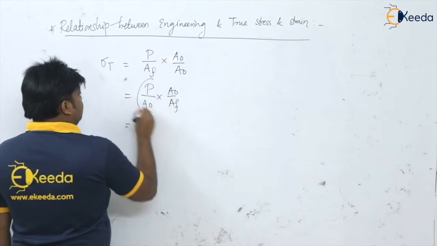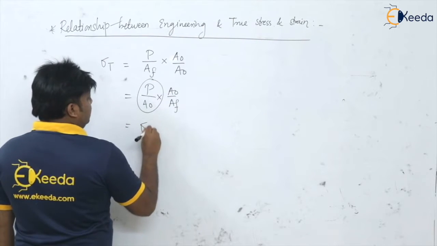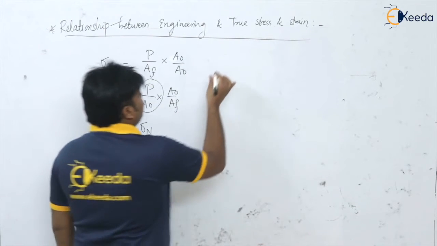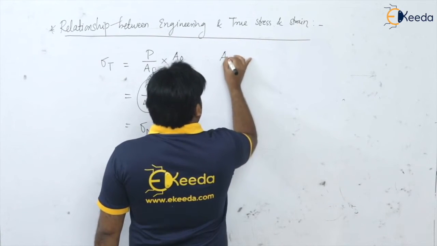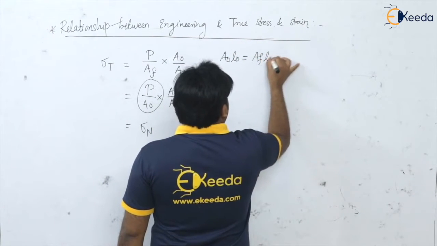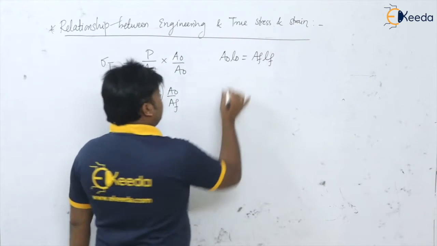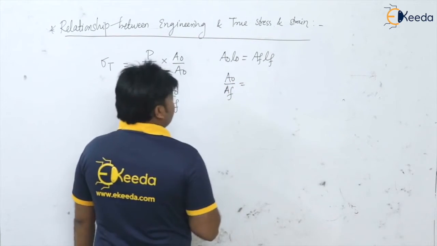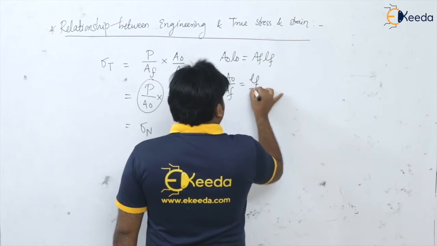We know that P by A naught is our nominal stress. And what is A original by A final? For volume constancy I have written A original into L original is equal to A final into L final. So A original by A final is equal to L final divided by L original.